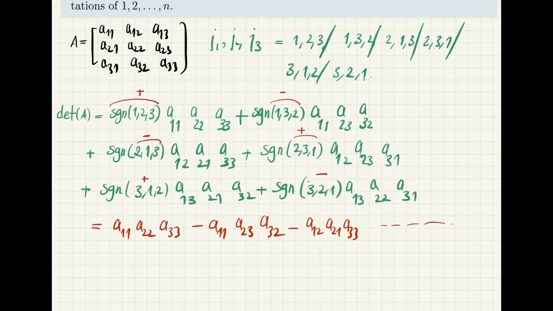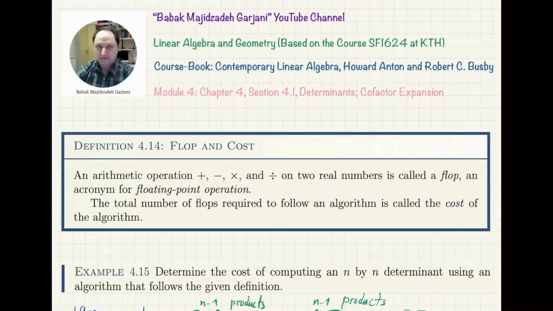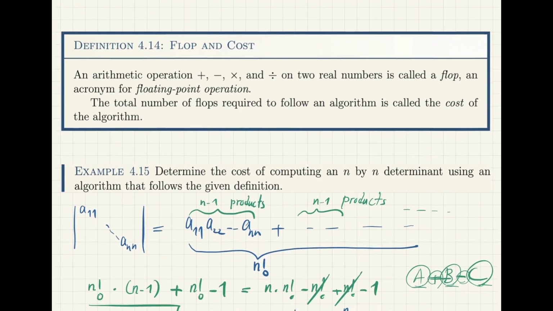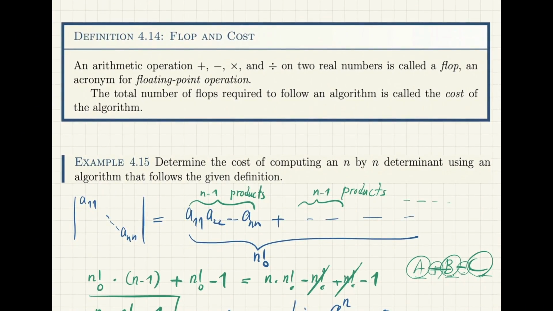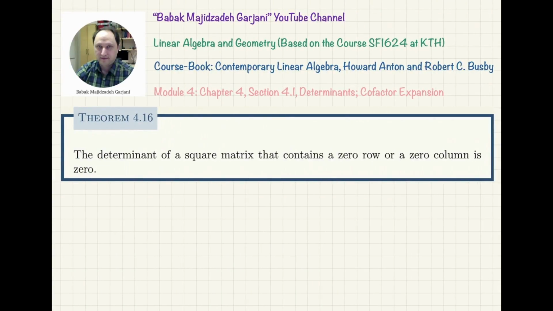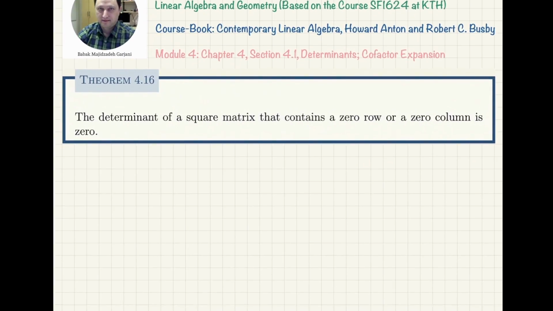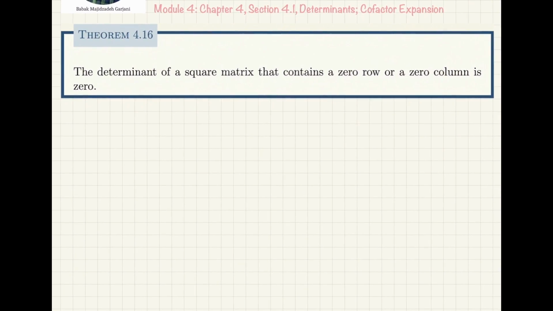We now use this definition of determinant to prove two very handy theorems for determinants. They are very simple but very important. One theorem, Theorem 4.16: the determinant of a square matrix that contains a 0 row or a 0 column is 0.